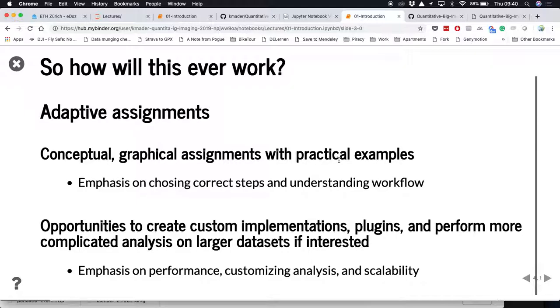So how will this ever work? It seems like quite a difficult starting point. So again, this is conceptual, with graphical assignments and practical examples. The emphasis in this course is what steps you apply in what order and why you apply these steps.